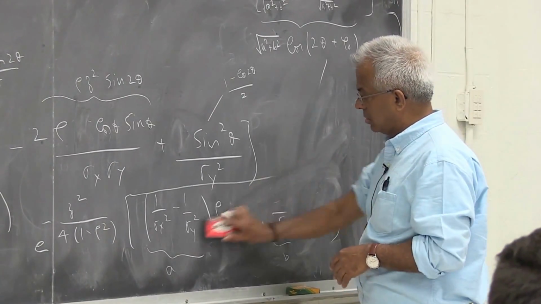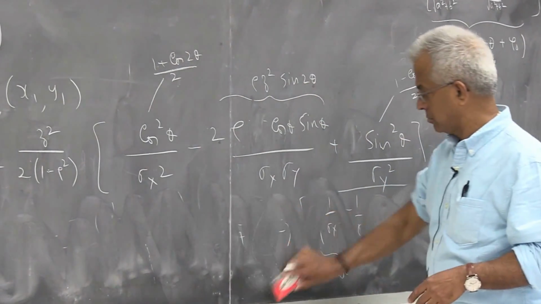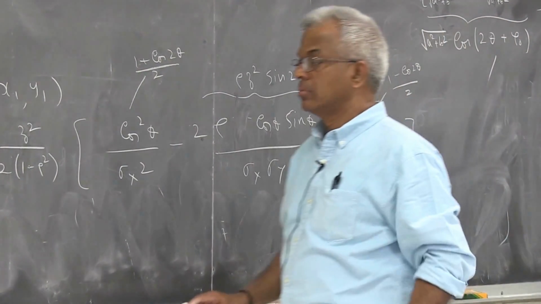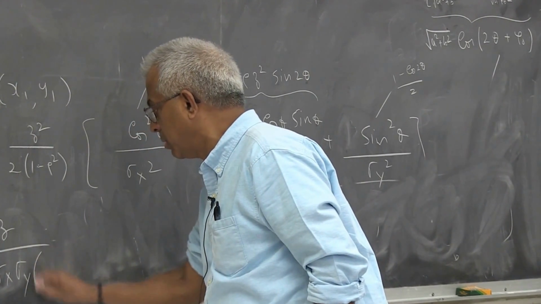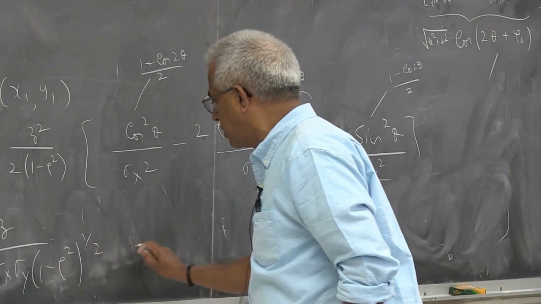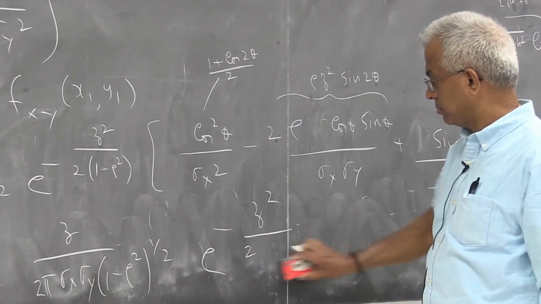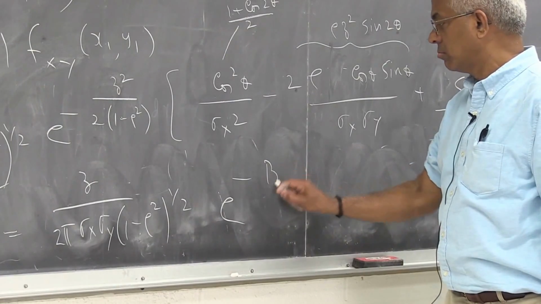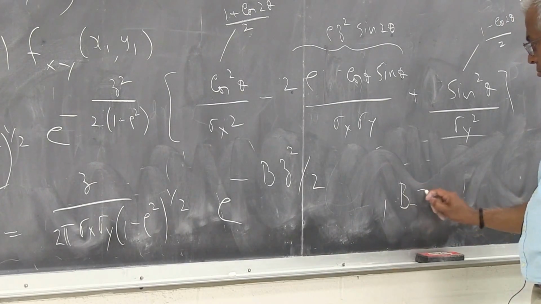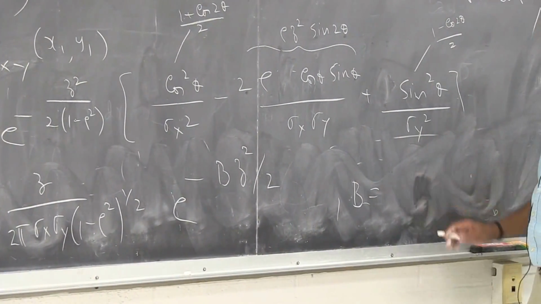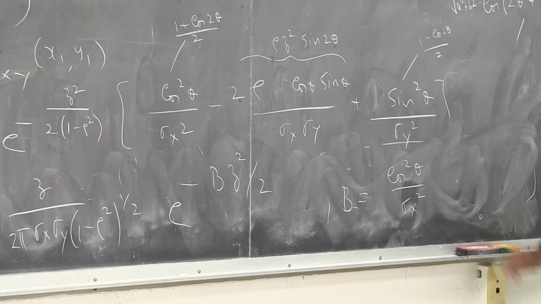So if you want, this joint density function can also be written as z over 2π σx σy √(1 − ρ²) e raised to minus z squared over... so I'm going to write it as some constant.